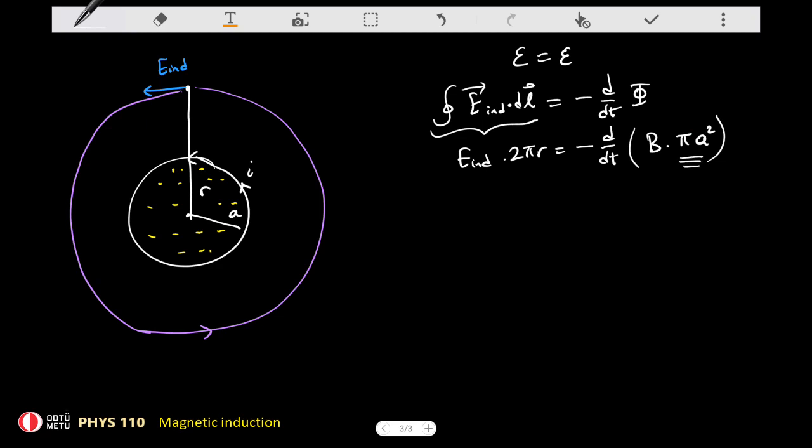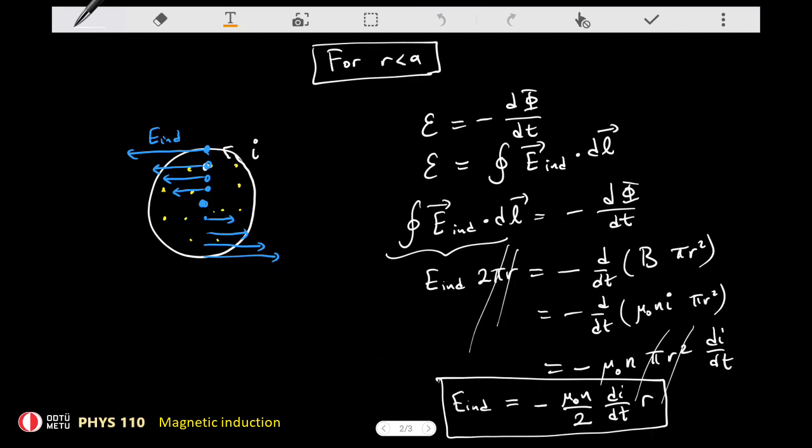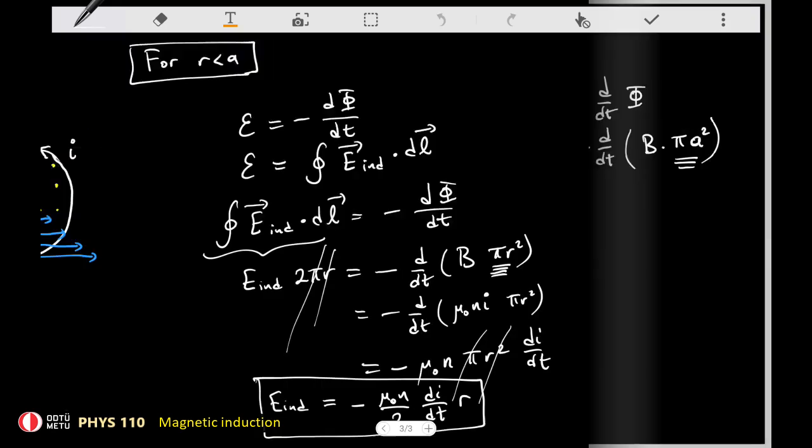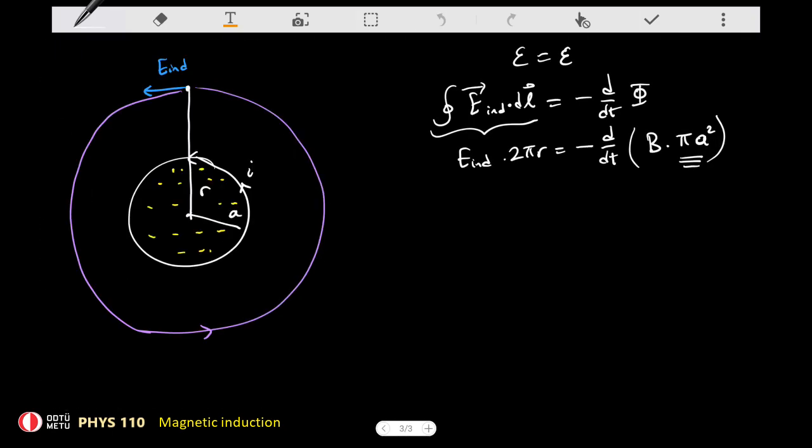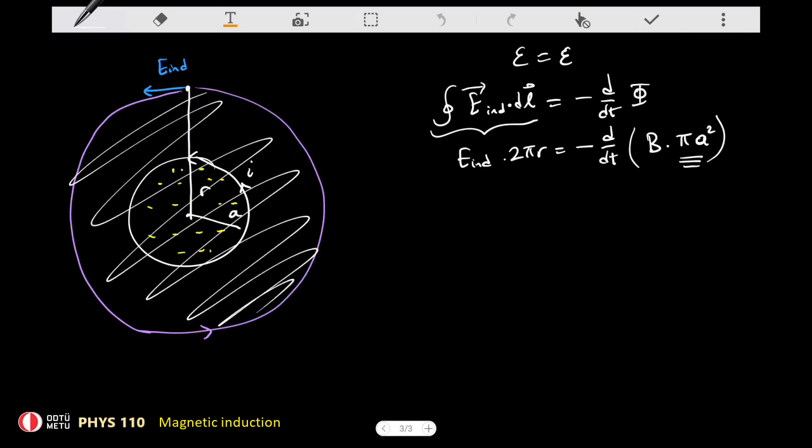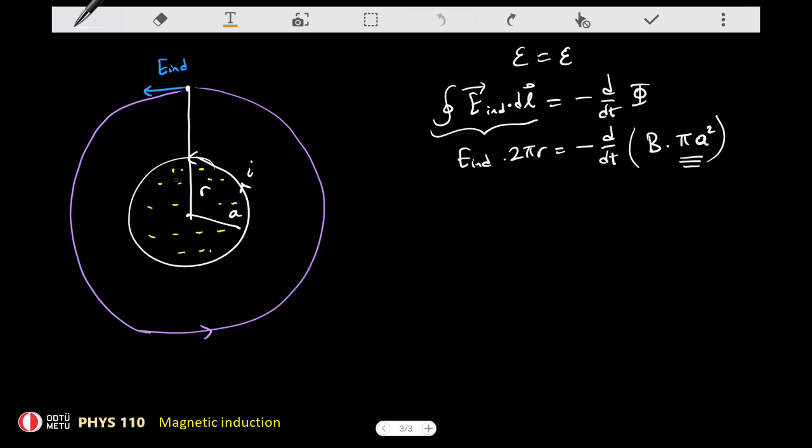It is that part. So in the previous case, the area was the whole area of this imagined loop, or the surface enclosed by that imagined loop. So in our case, of course, the imagined loop encloses a bigger surface with area pi r squared, but only in a smaller part of that surface there is magnetic field. So therefore, I write down the area of the region in here, which contains the magnetic field.